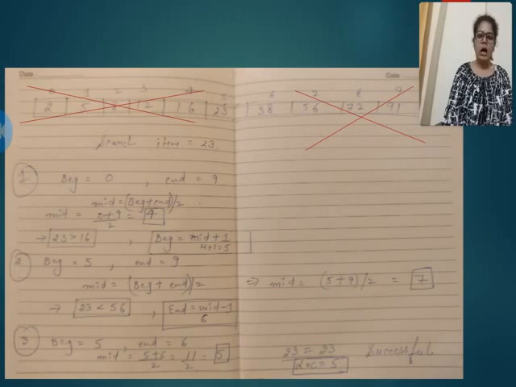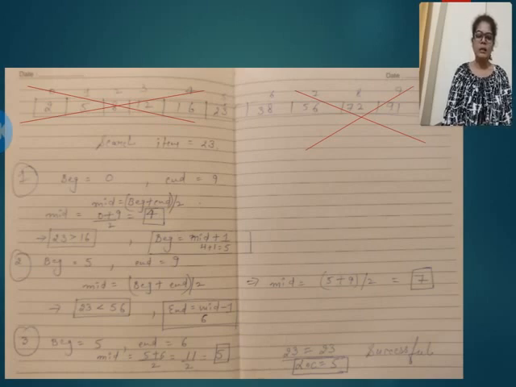After calculating the mid, we have to compare the item with the mid. If the item is greater than the mid, then it must be in the right side of the mid. If the item is smaller than the mid, it must be in the left side of the mid.